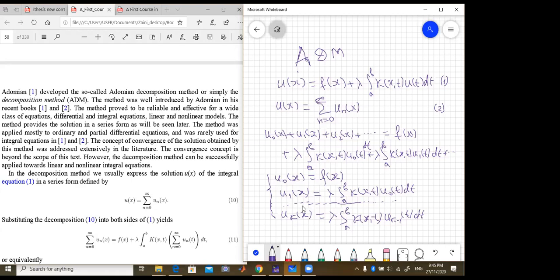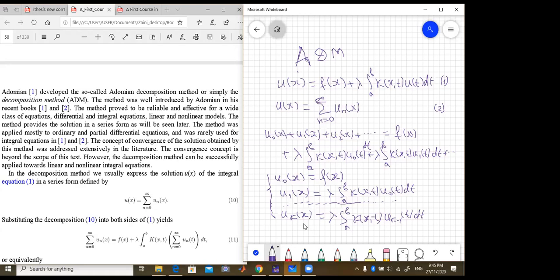Actually, currently this is the scheme. At the same time, I give the modified Adomian decomposition method. Then you will see the differences between the modified and the standard, and what the benefit of the modified is. Here, of course, Wazwaz explained it in the examples.